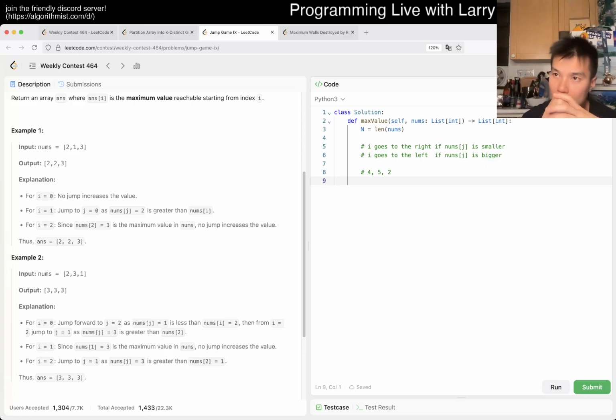And then it goes left. So, what is the general rule? Okay, so biggest number, and then just slowly go down. So sort by that and then process. Is that sufficient?